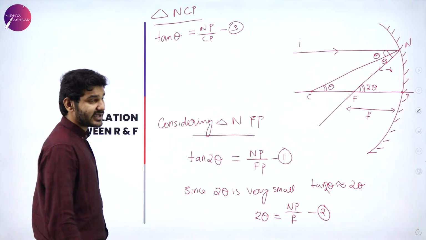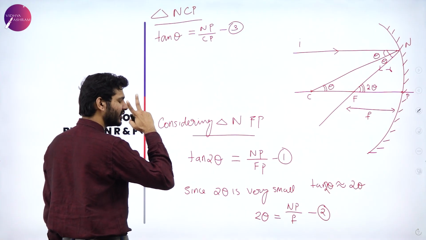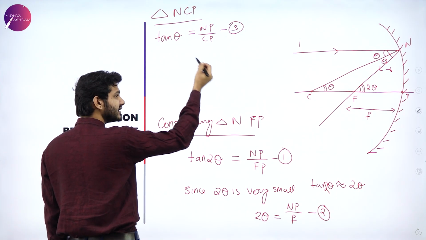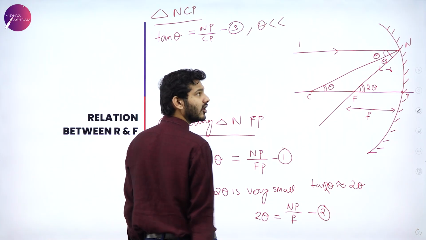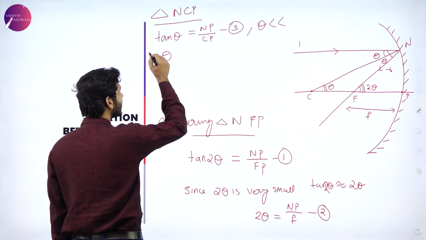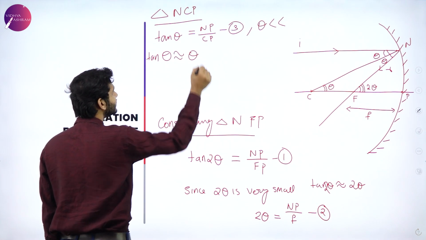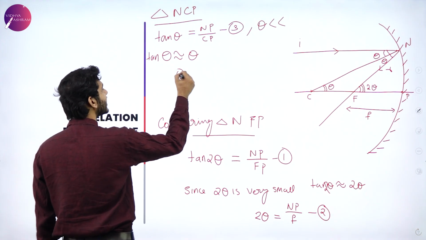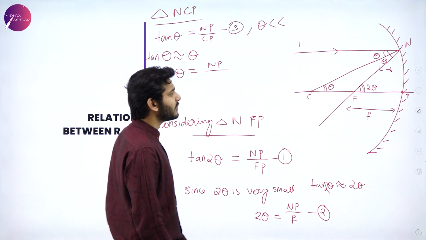Then I can make the same assumption. Since theta is very small, tan theta is approximately equal to theta, right? Taking that assumption, theta is now equal to NP divided by CP.